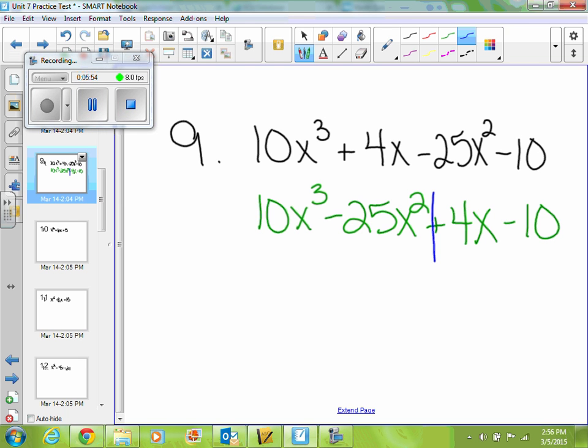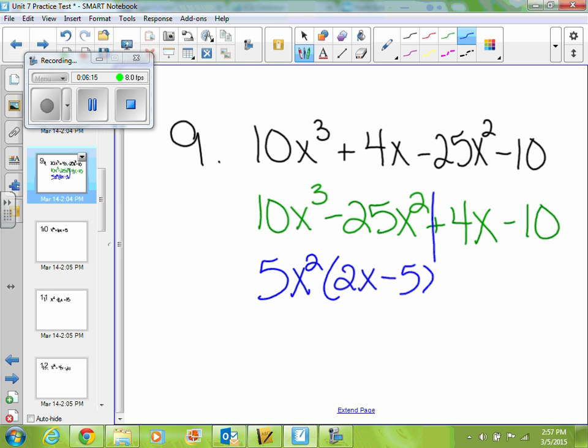Okay, what goes into 10x cubed and 25x squared? 5. Okay. What's 10x cubed divided by 5x squared? 2x. Okay, and 25x squared divided by 5x squared? Negative 5. Okay.